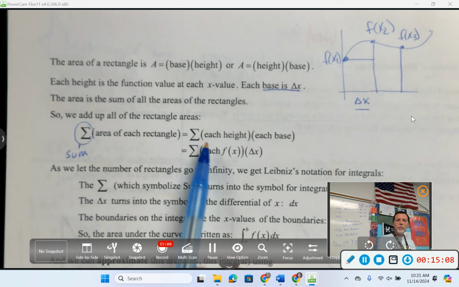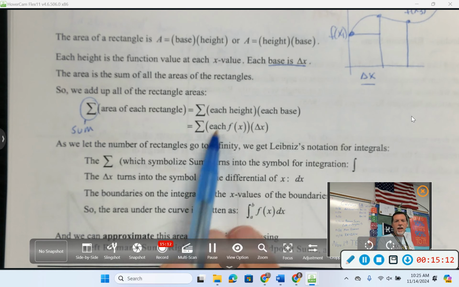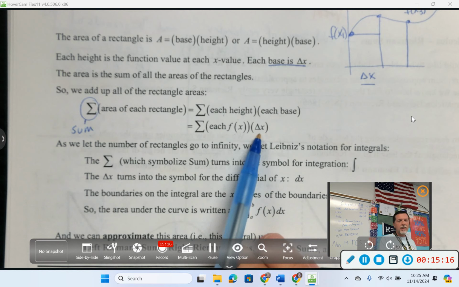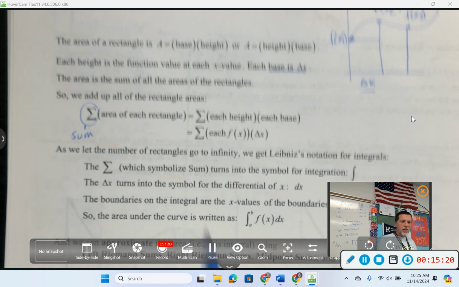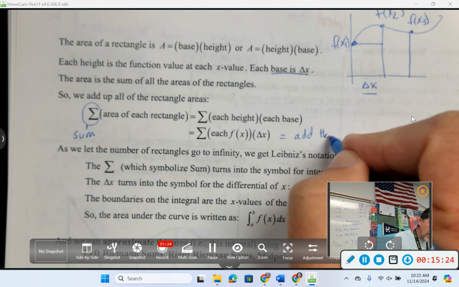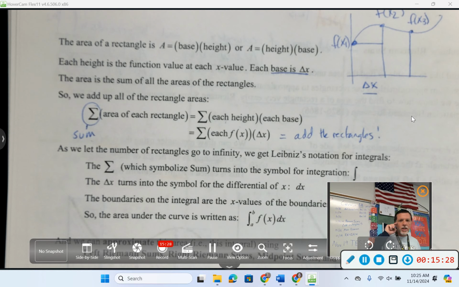We're going to add up each height times each base. And each height is an f of x, and each base is a delta x. So we start to put fancy terminology on this, but again, all we're doing is adding the rectangles. So don't get lost in the fancy symbols. You're just adding the rectangles up.